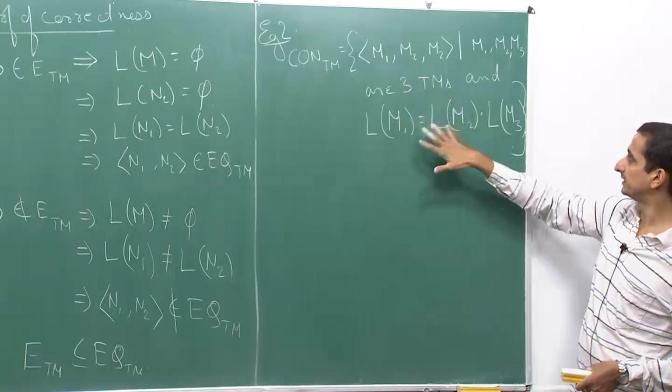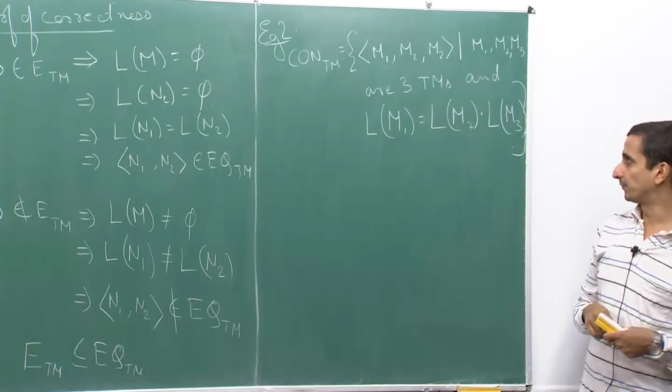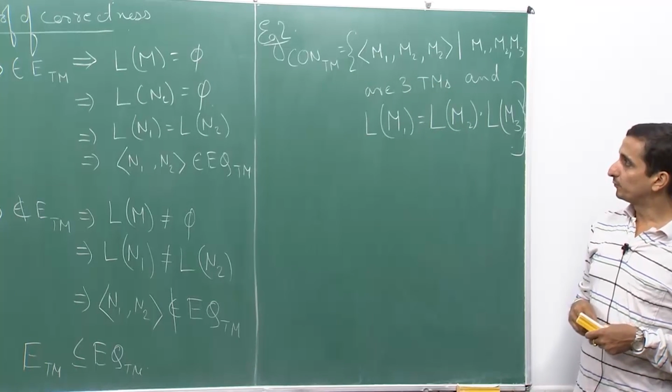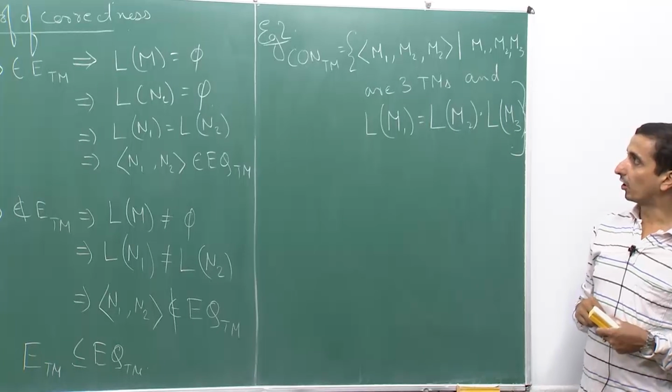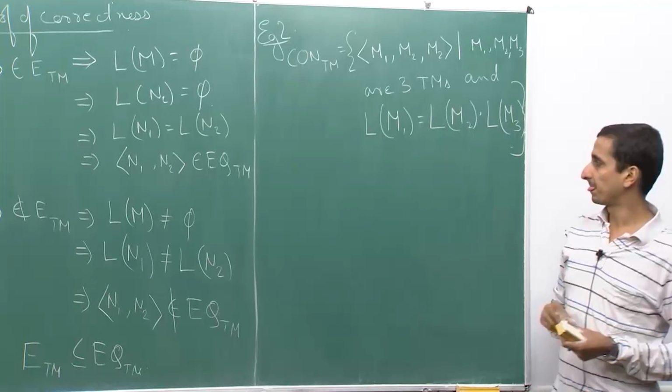So, I am given 3 machines such that they have this particular property, and I want to prove that CONTM is undecidable.